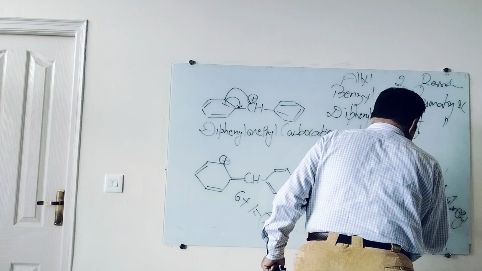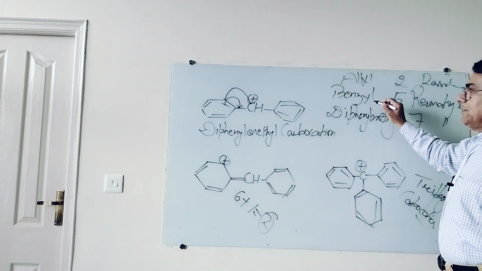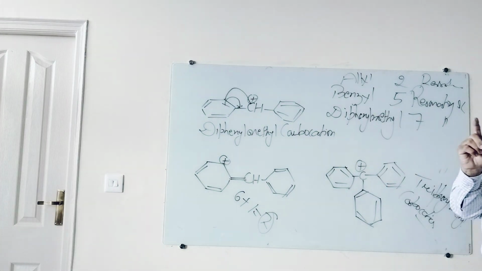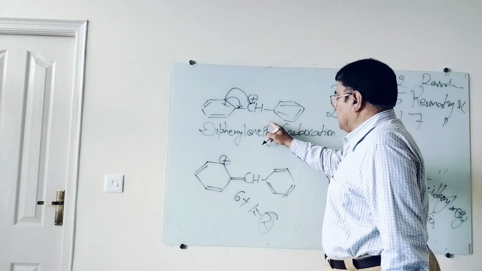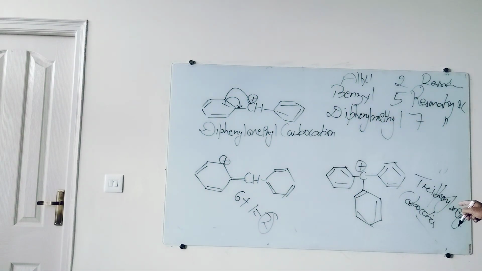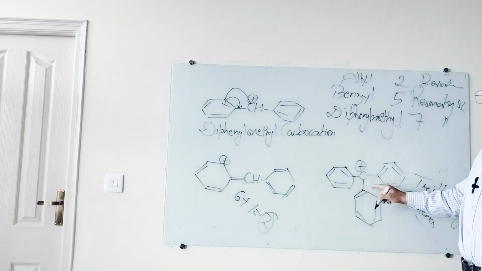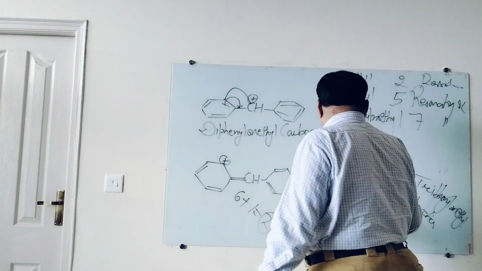Or in simple language, I can say earlier I took benzyl C6H5CH2, only one hydrogen of methyl was replaced by one phenyl group. In this, two hydrogens have been replaced by phenyl groups. In triphenyl methyl carbocation, three benzene rings are there. When three benzene rings are there, I have explained.